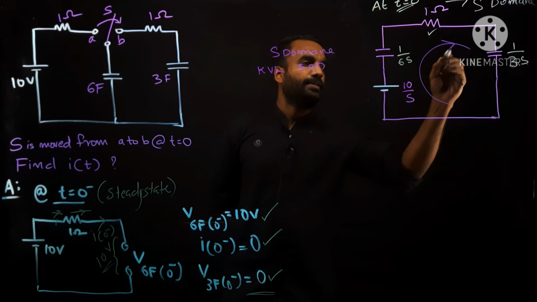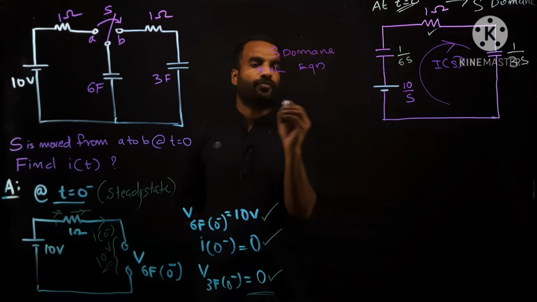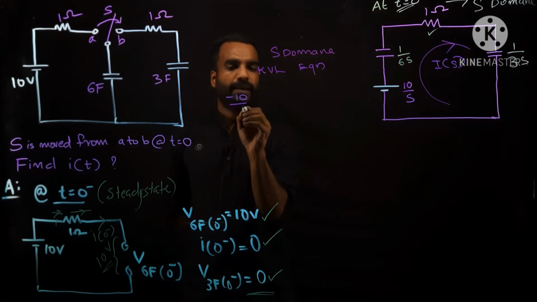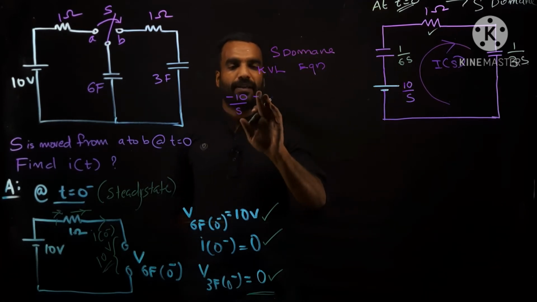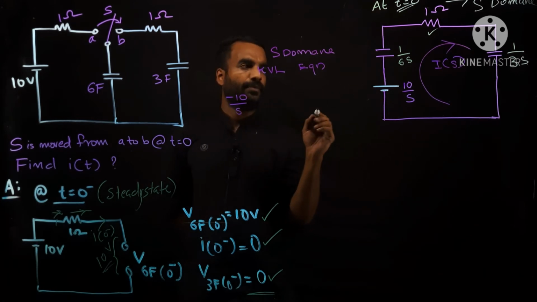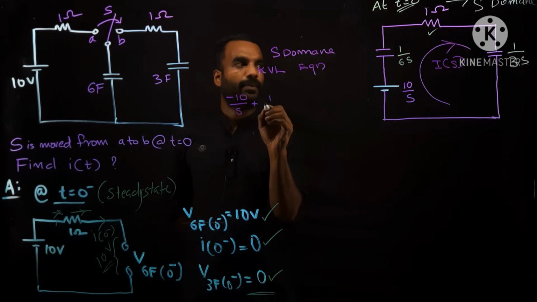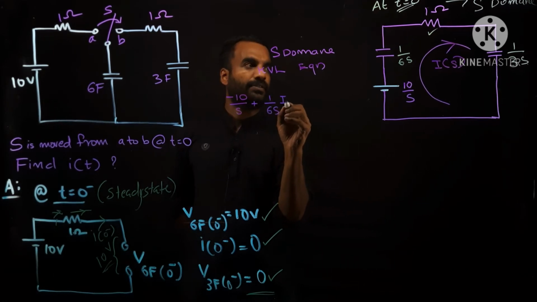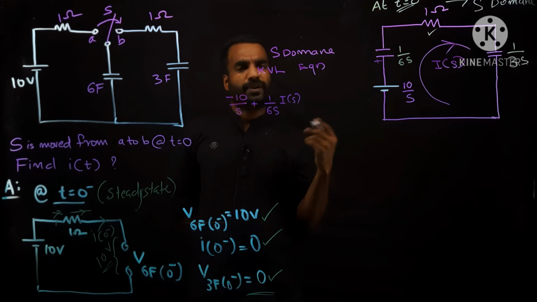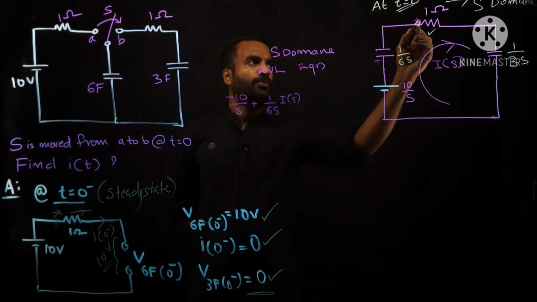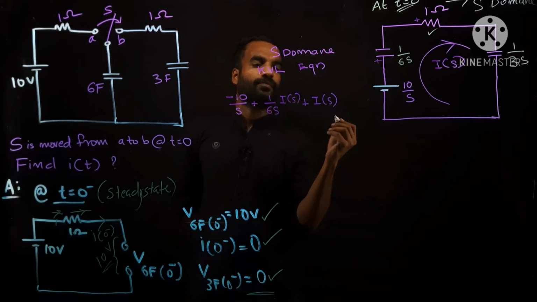I am considering the direction like this, and this is I of S. It is entering at the negative of this voltage source, so minus 10 by S. Multiplying by I of S is not needed because it is a voltage. In KVL voltage we have to write like this only. This is a capacitance, so it's impedance into current, that is 1 by 6S into I of S. We are considering this as plus because current is entering at plus for any passive component. Plus 1 into I of S, that is I of S itself.